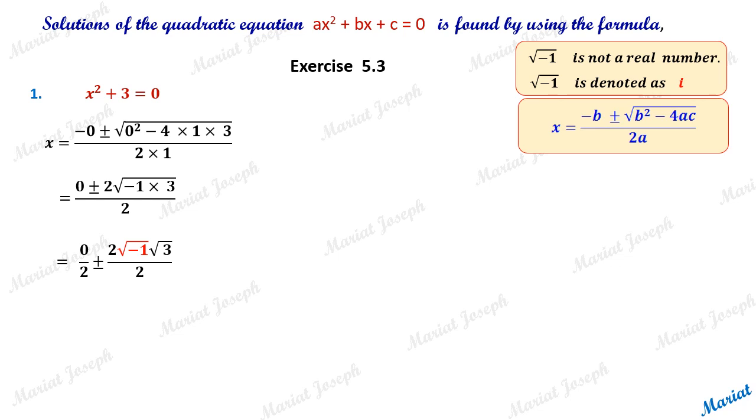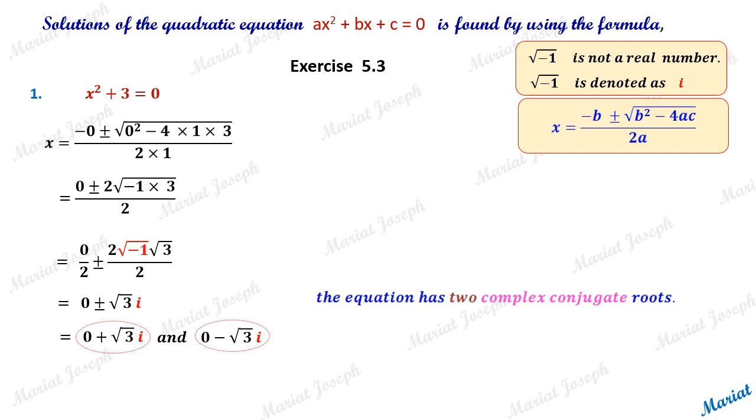Square root of 3 is root 3 only. So 0 by 2, I have separated the denominator 2 to both terms, to this also, to this also. That is why we got two terms now. These are the solutions: 0 plus root 3i, 0 minus root 3i. Two solutions are there.